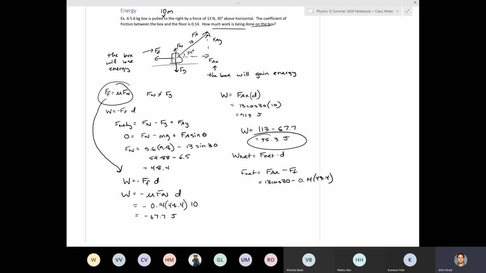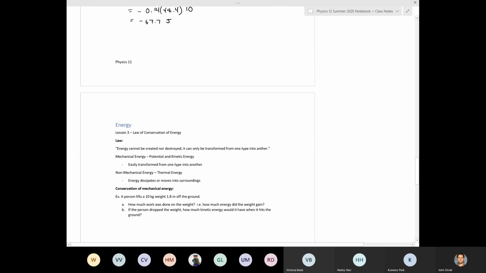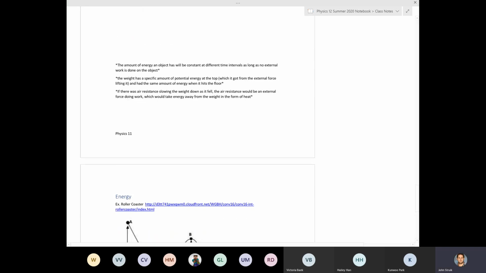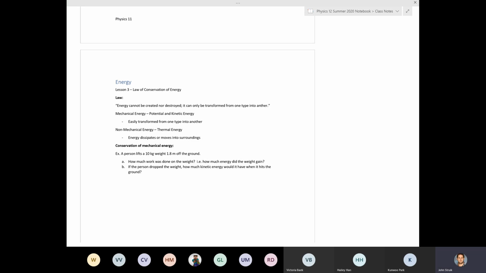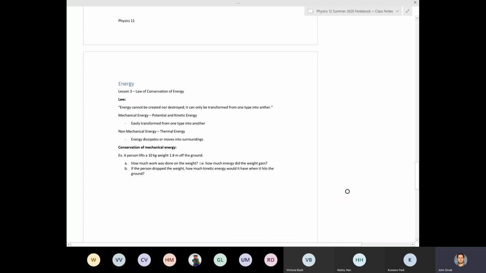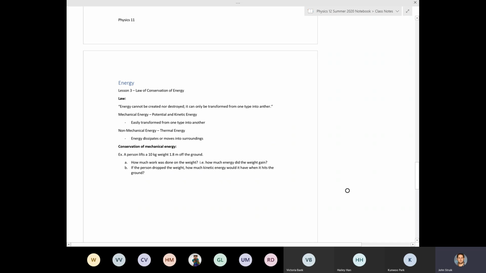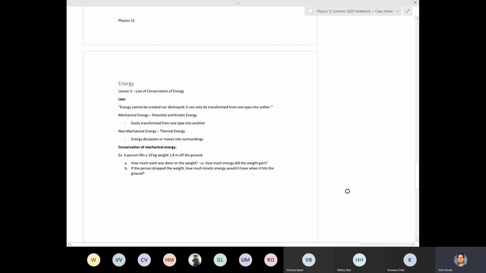Any questions? No? Do you guys want to keep going with conservation of energy? I'm trying to determine whether I want to do this or not.